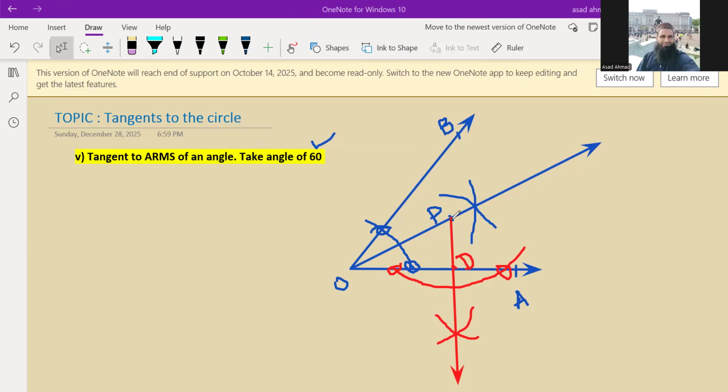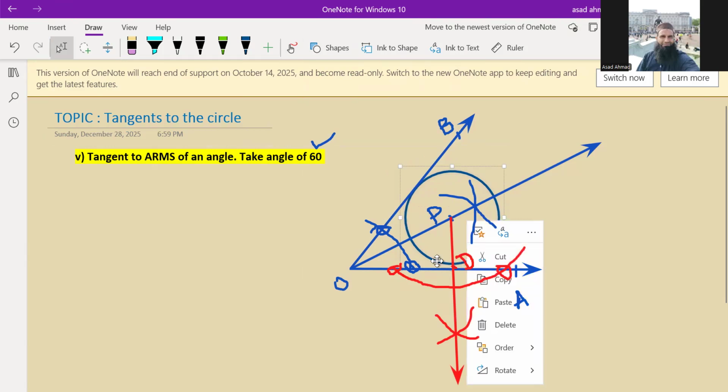By taking P as center and radius PD, we will draw a circle, and this circle will be touching the two arms of the angle. Just let me first draw it, then I will explain how I have done it. So taking P as center and radius PD, like this one.